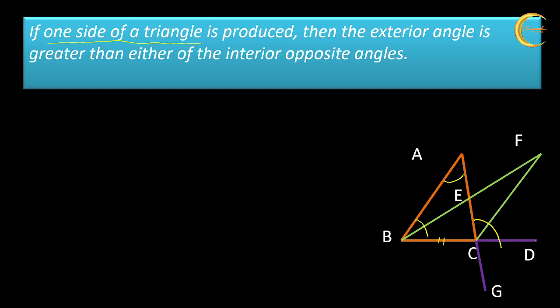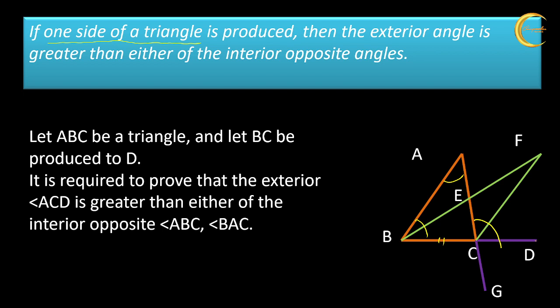Now you see we have written here this theorem. Again, I am elaborating these things. Now you see here, let ABC be a triangle. So here this is the ABC triangle, and BC is produced to D, means BD is the straight line.